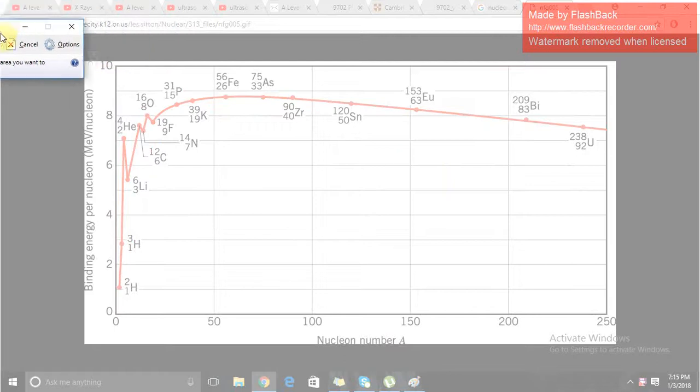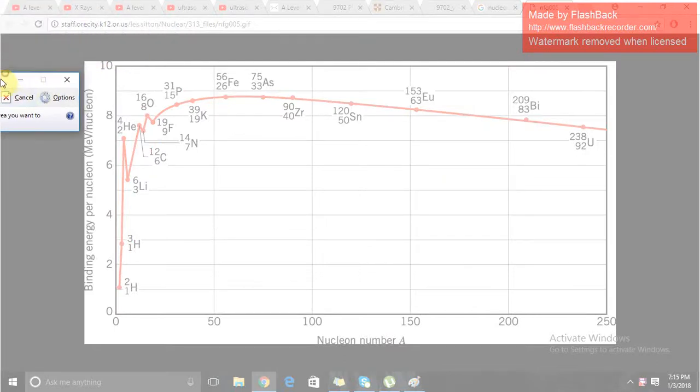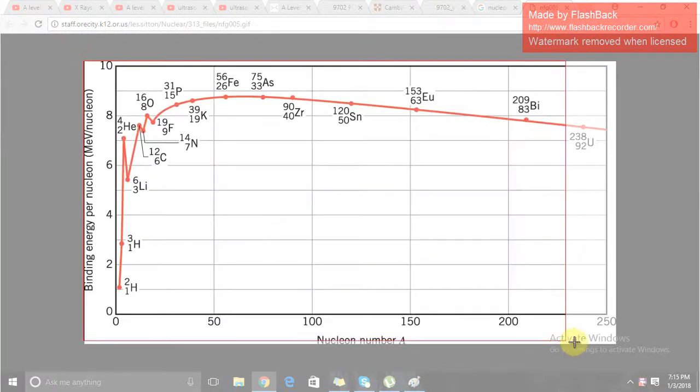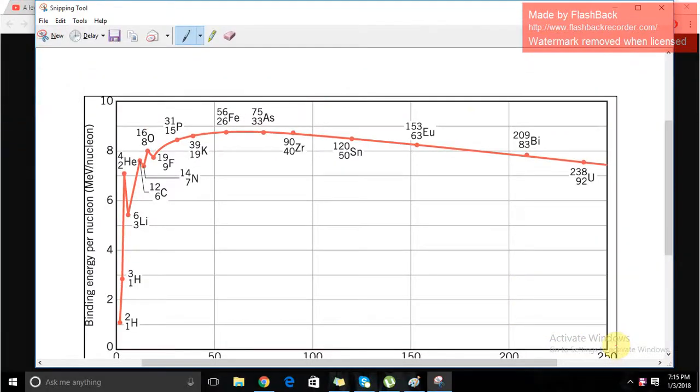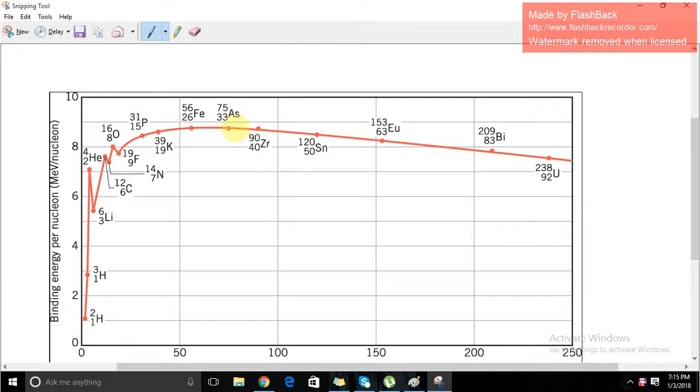What you can observe is that in the beginning, as the nucleon number increases, so does the binding energy. So the greater the nucleon number, the more stable the nucleus. But then afterwards there seems to be a slow but gradual fall. Hopefully this is fairly obvious.